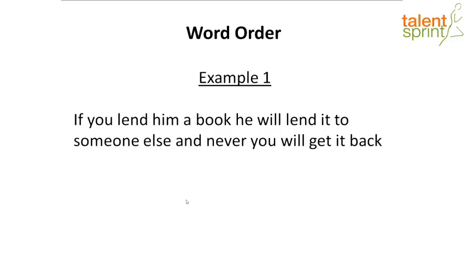You, subject, lend, verb, him, indirect object, a book, direct object. He will lend it to someone else. Again, subject, he; will lend, verb; it, direct object; to someone else. And never you will get it back. The second part of the sentence seems a little awkward.